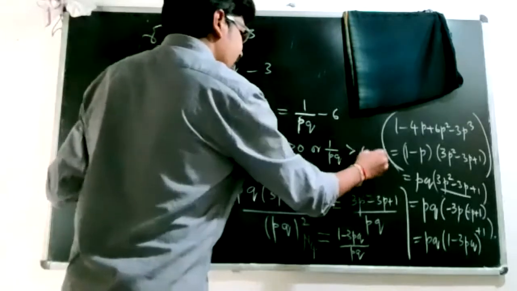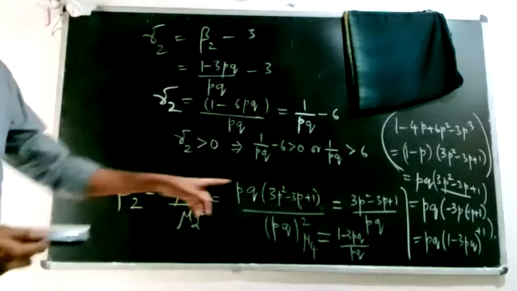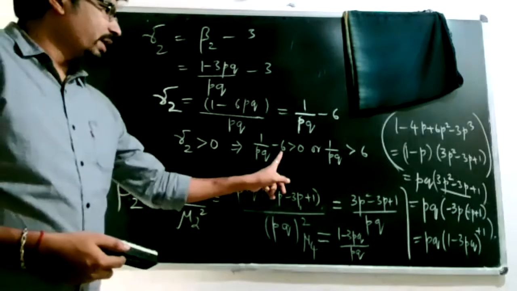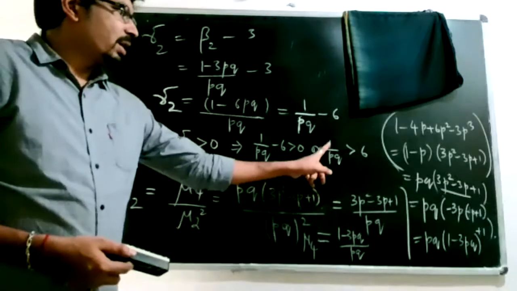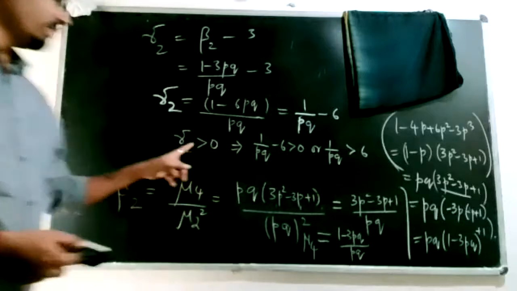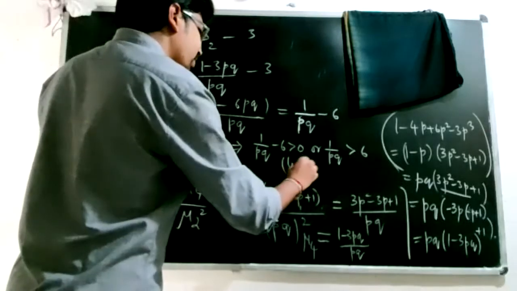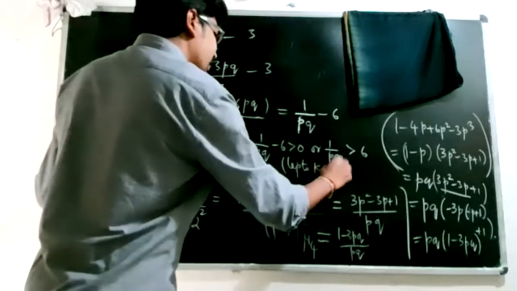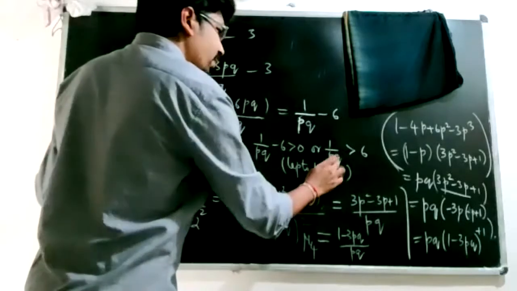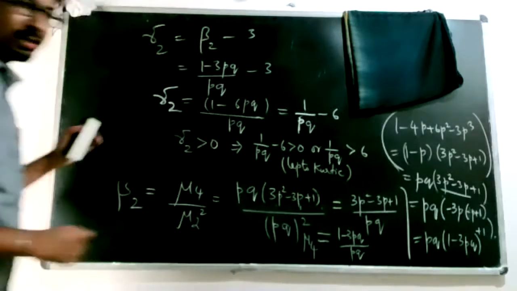greater than 6. In the last class, while writing properties of kurtosis, I just used 1 by P. If 1 by P is greater than 6, then we understood that it is a leptokurtic distribution. It's not just 1 by P, you replace that by 1 by PQ greater than 6.